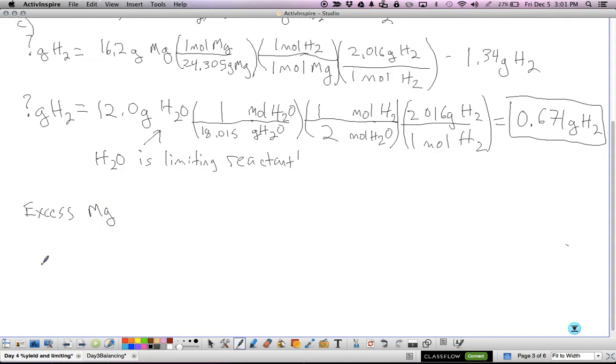Okay, so in order to figure out how much is left, remember I need to do magnesium that you started with, or that you had, minus the magnesium that you used, and that's the magnesium left over. Okay, so we need to find how much magnesium was used.